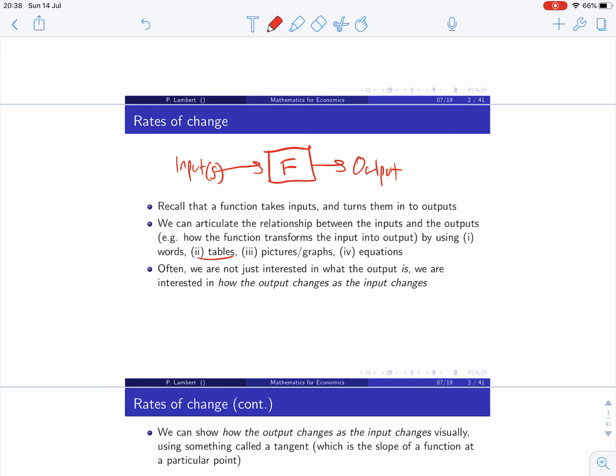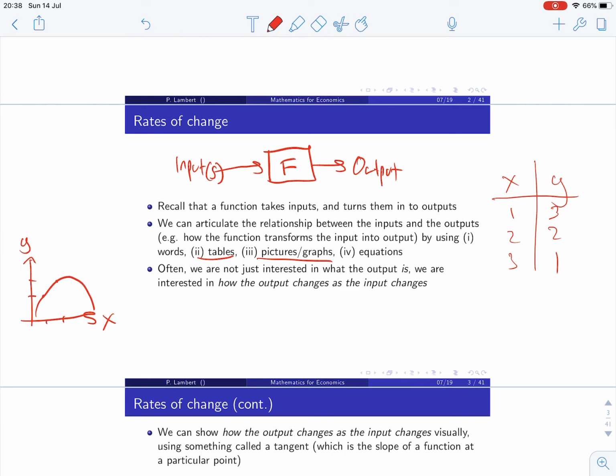We might have an x variable as an input, a y variable as an output, and we can show some numerical relationship between these two by specifying at particular x values what the output value or the y value would be. We also use pictures and graphs where we have the output variable on the y-axis and the input variable on the x-axis, and it just shows some relationship between these things visually.